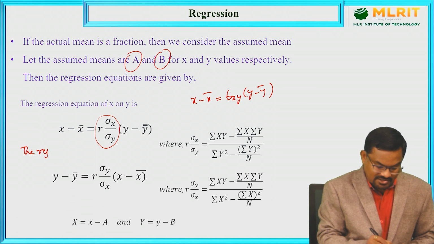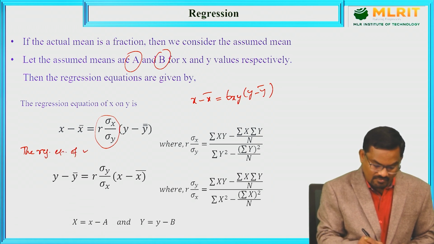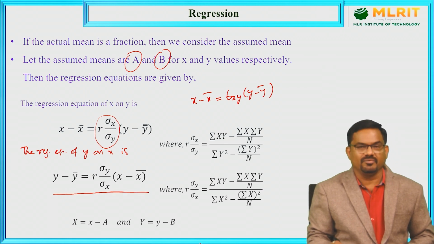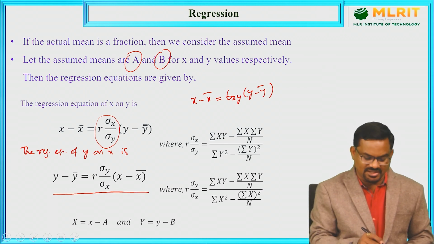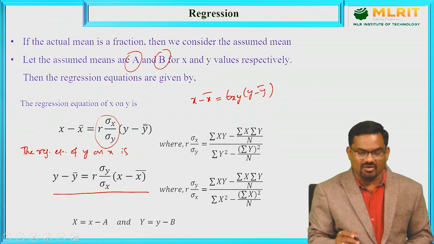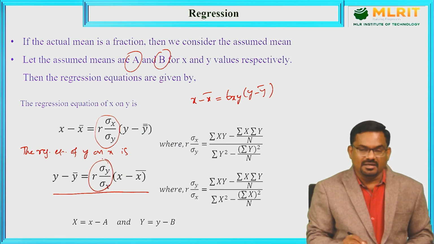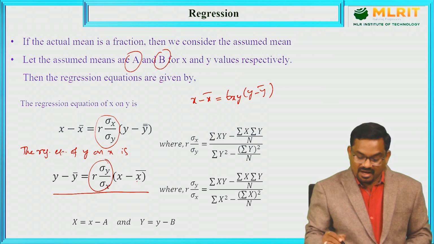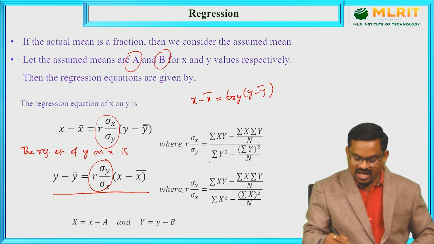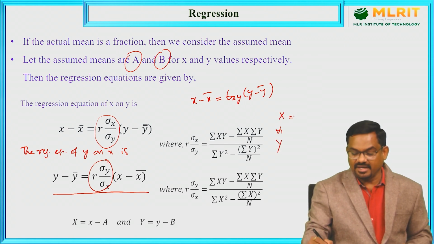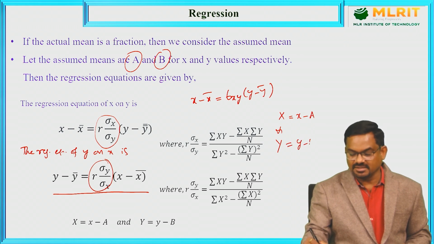Similarly, the regression equation of y on x is given by y minus y bar equals r into sigma y by sigma x, again the regression coefficient, multiplied by x minus x bar. Here we have capital X and capital Y values, which are given by small x minus the assumed mean A and small y minus the assumed mean B.